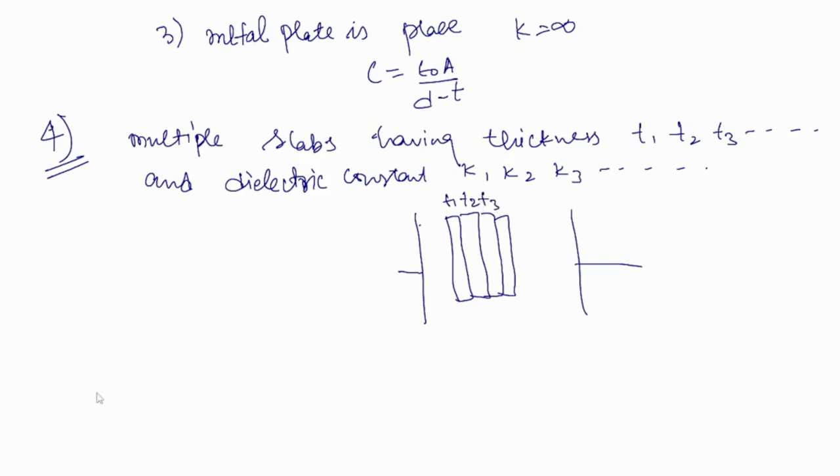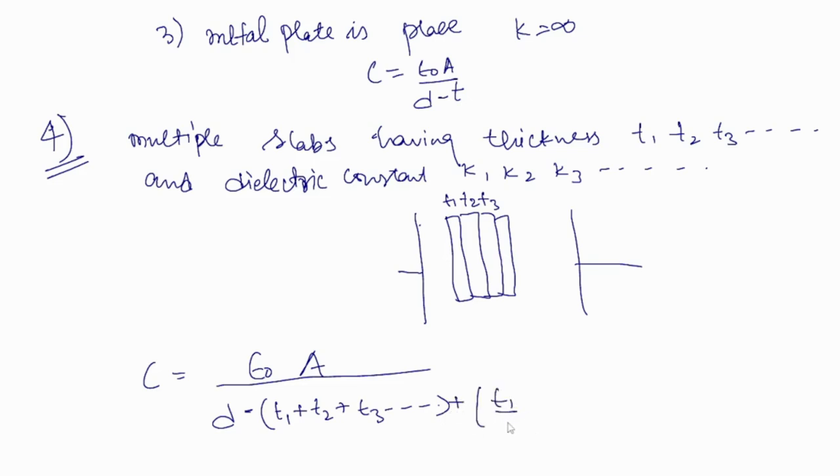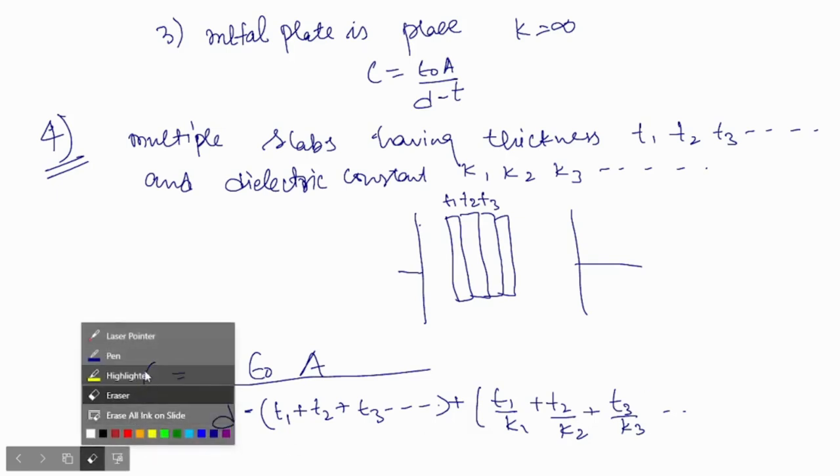Your equivalent capacitance will then be C equals epsilon naught A upon d minus, where t is replaced by t1 plus t2 plus t3 and so on up to where we require, plus the term t by k will be replaced by t1 by K1 plus t2 by K2 plus t3 by K3 and so on up to where the question is asked.